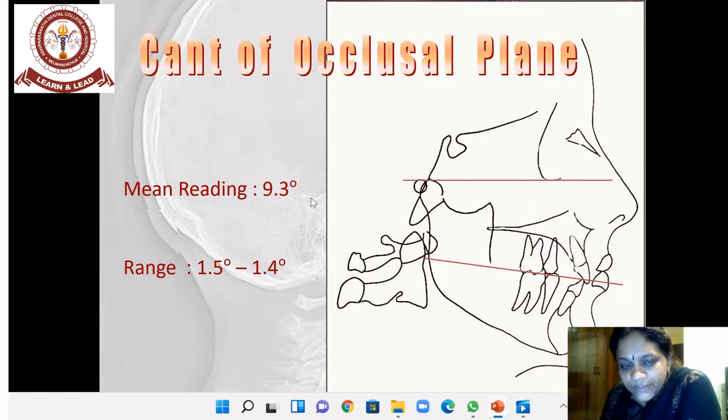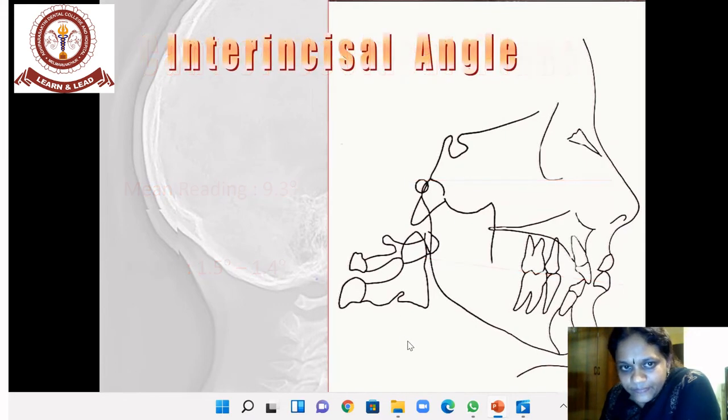The ideal value should be 9 to 10 degrees, and the difference ranges plus or minus 1 to 2 degrees. Interincisal angle is the angle formed between the lines connecting the long axes of the two incisors.